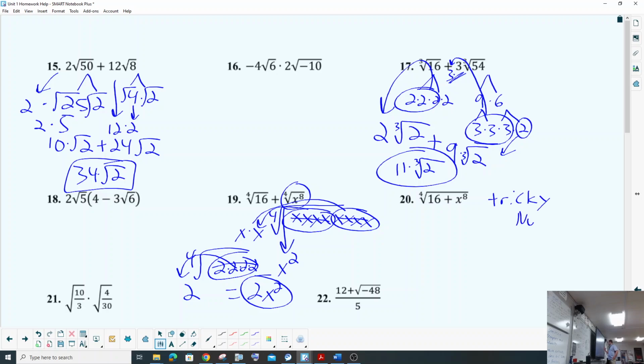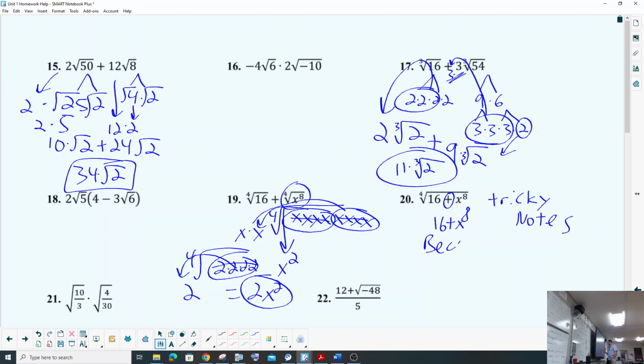So if you look back in your notes, you're going to notice that this does not factor out anymore, because of the plus symbol, these two are connected, right?